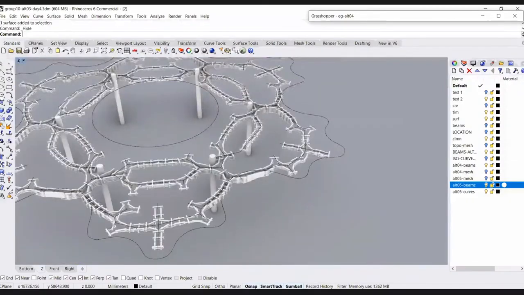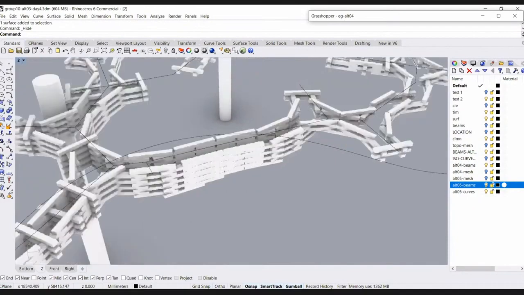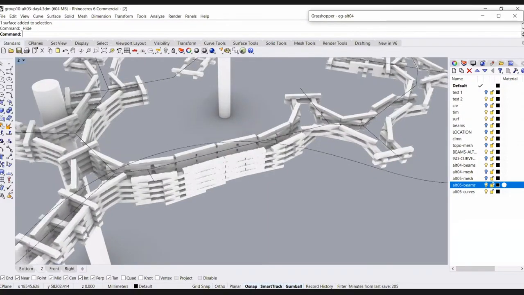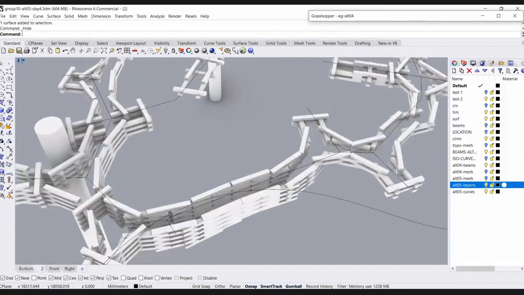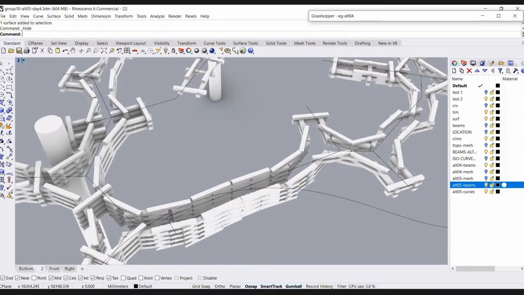For example, in some parts like here, I only have beams which are placed on top of each other in one direction, and there are no other elements for connecting each layer to the next layer.